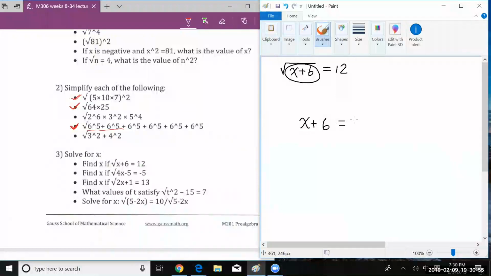I want to know, is it 144, correct? So x plus 6 equals 144. I can move the 6 from the left to the right, and plus 6 becomes subtract 6, so x is 138.